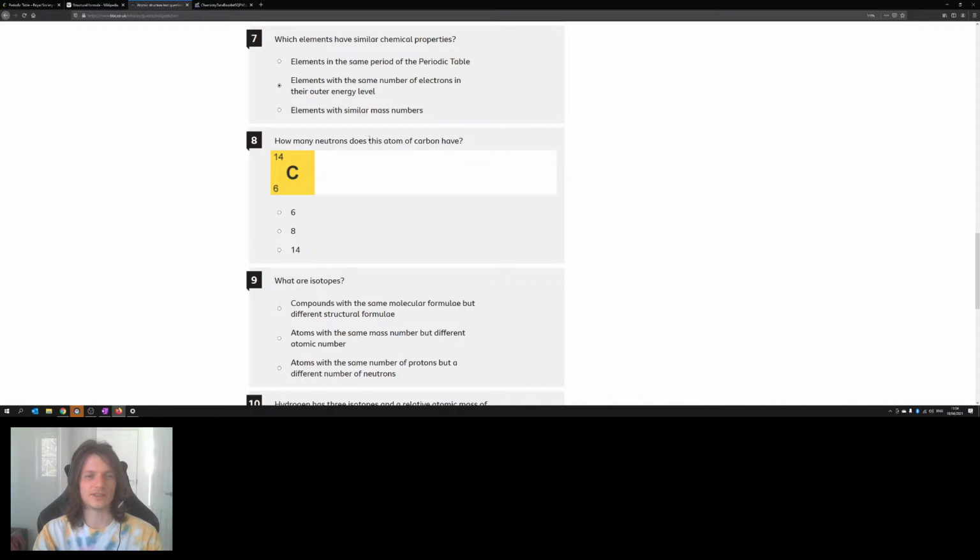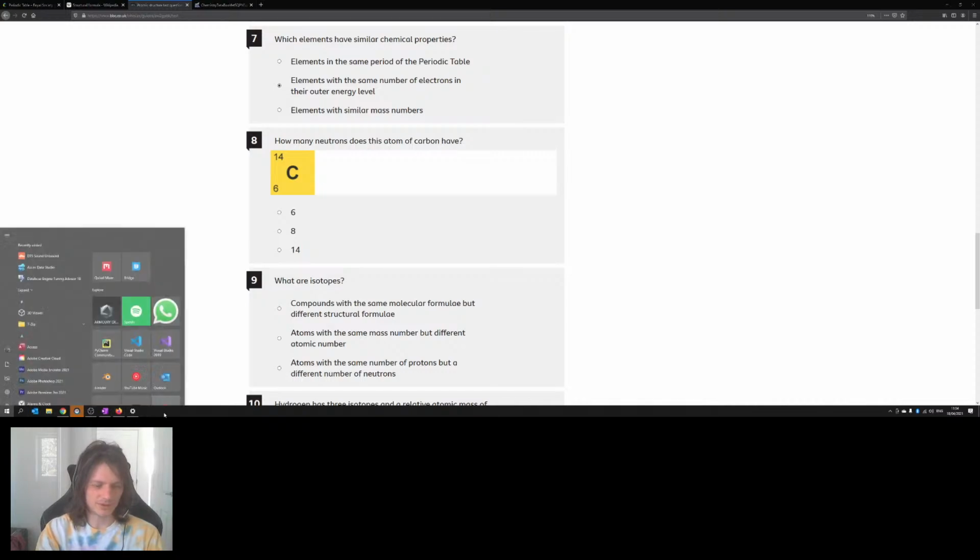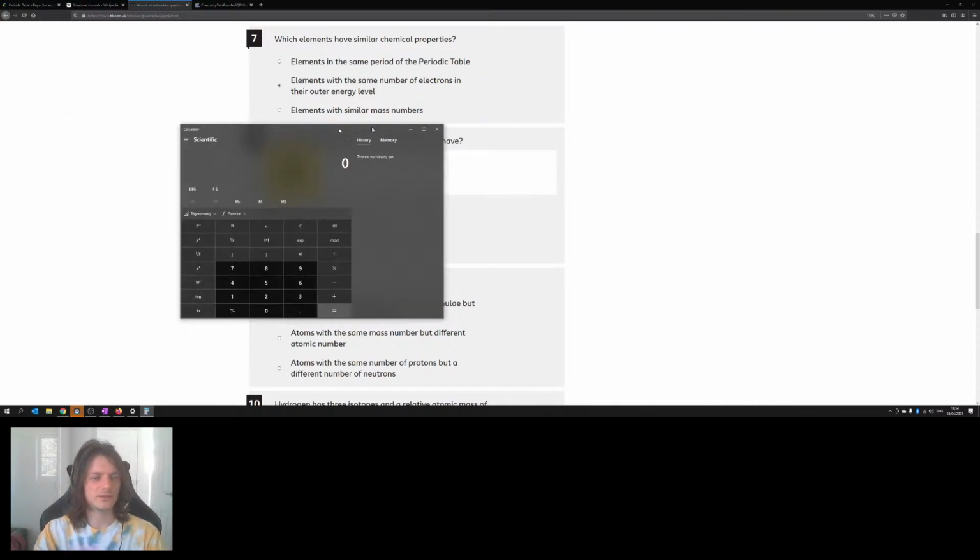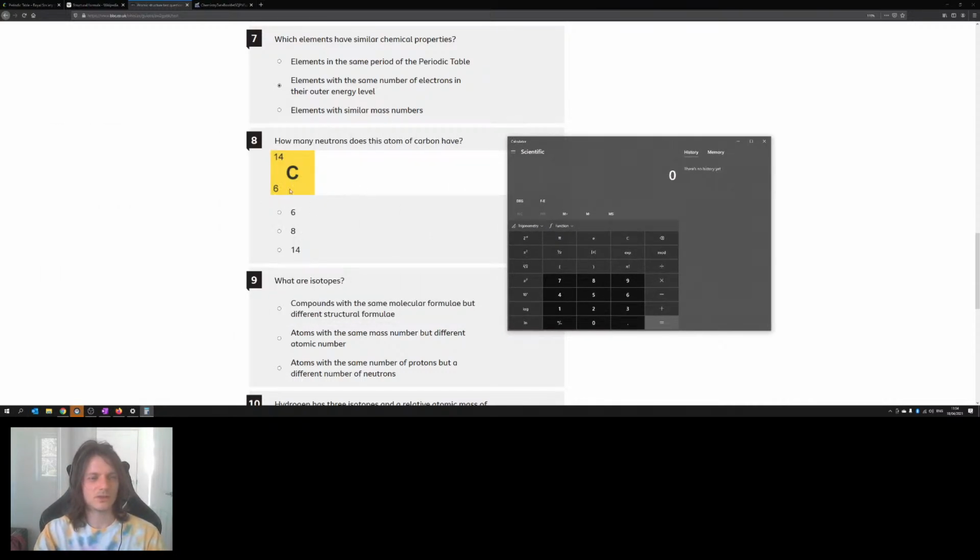How many neutrons does this atom of carbon have? So it was something like, you see I can't remember how this works, this is so good to go over again. If this was the protons, it's 6, it's 14.